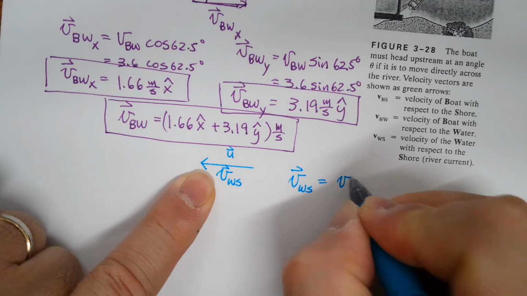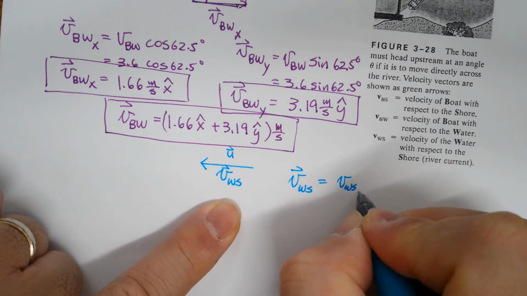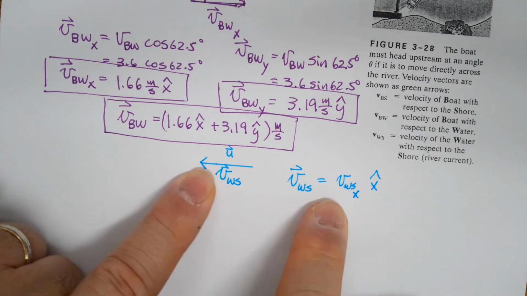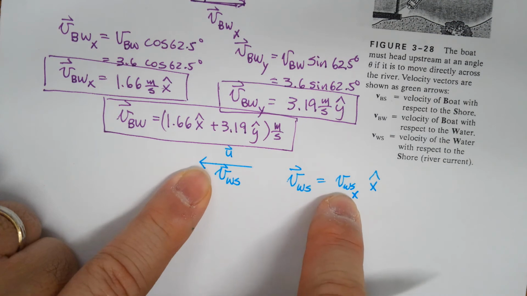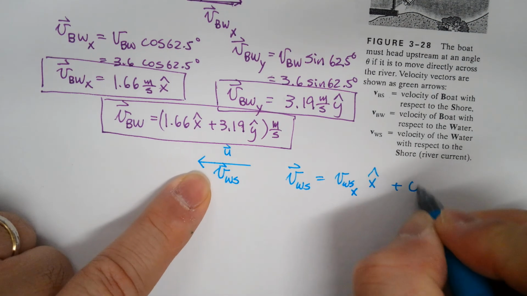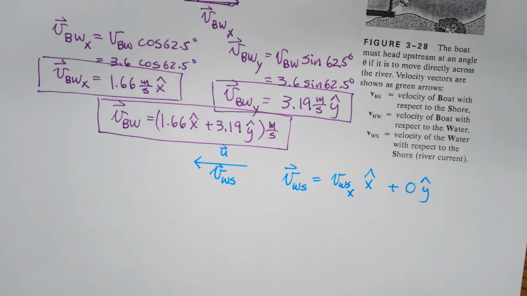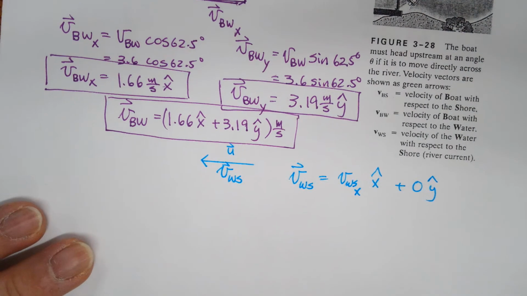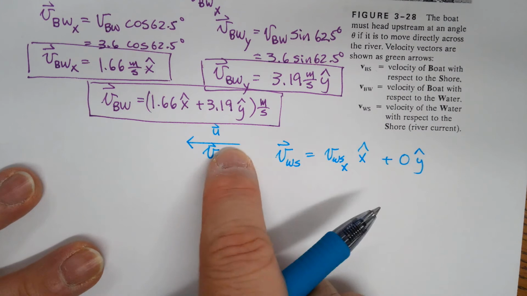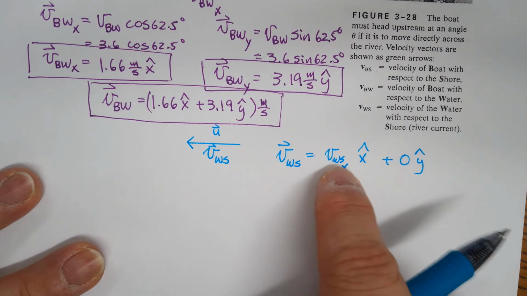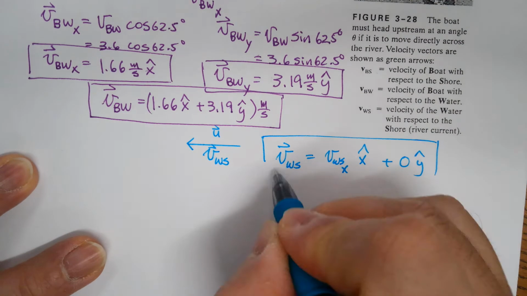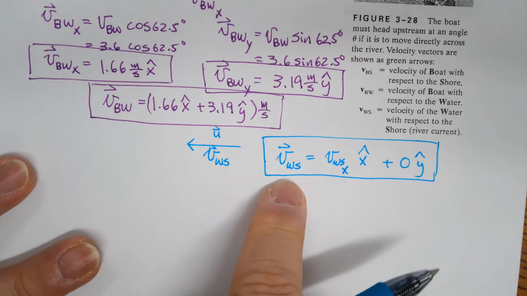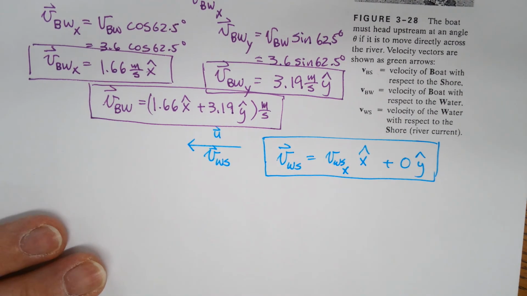Therefore, I can say VWSX x hat, because this is not zero, obviously. It has to be some value, but we don't know what it is. But we do know in the y direction it is 0 y hat. Does that make sense? Because we don't have anything in the y direction, it's only in the x direction, but we don't know what this x component value is, so we just write it as a variable. So here's the second vector, VWS.